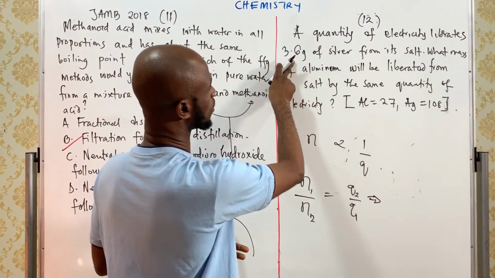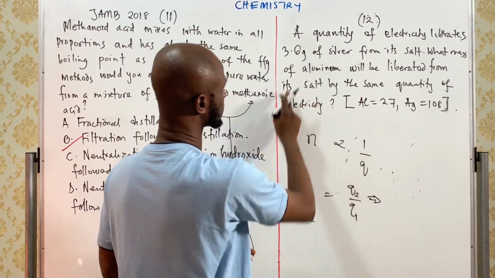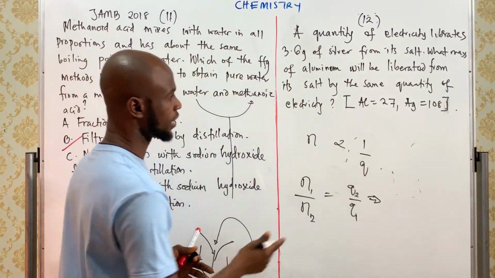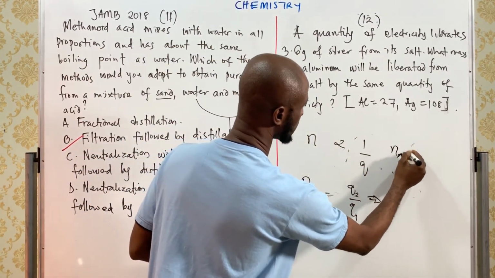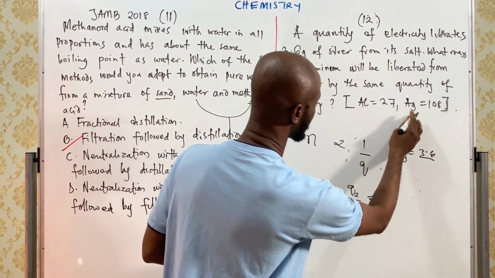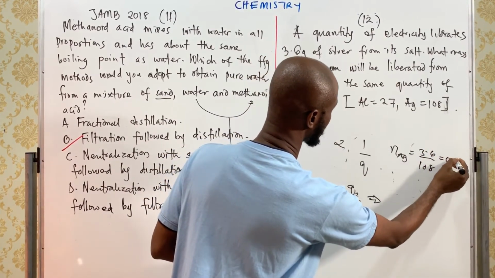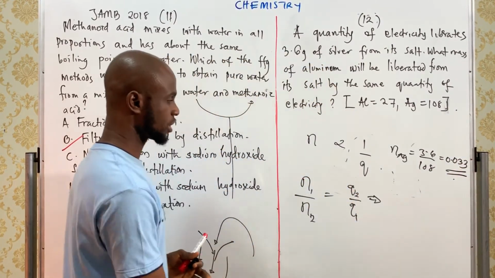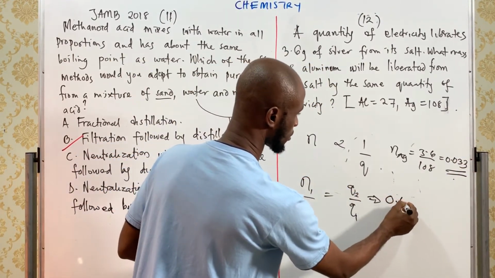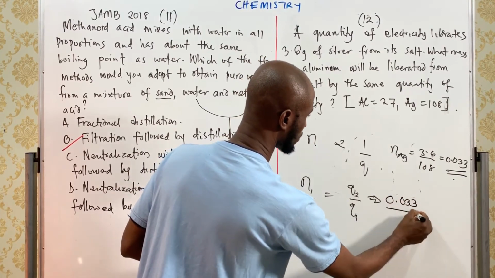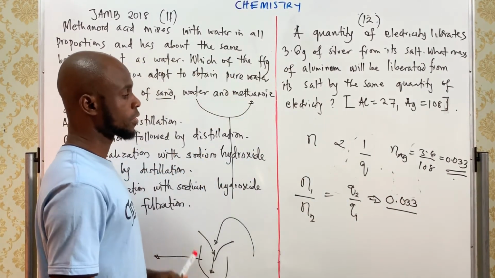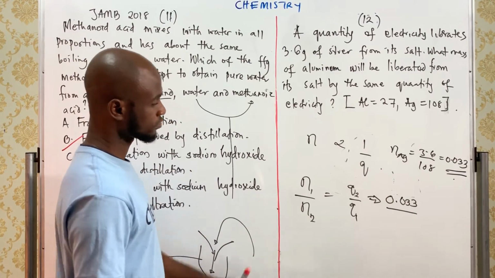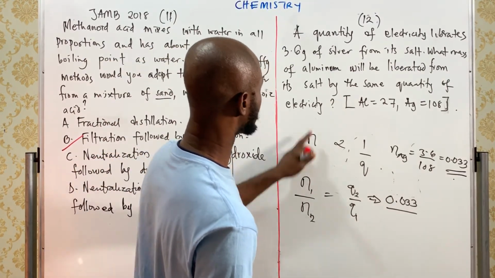Number of moles of silver is 3.6 gram divided by 108. We are supposed to have 0.033 mole. So here we have 0.033 mole of silver over the number of moles of aluminum, which is not known.